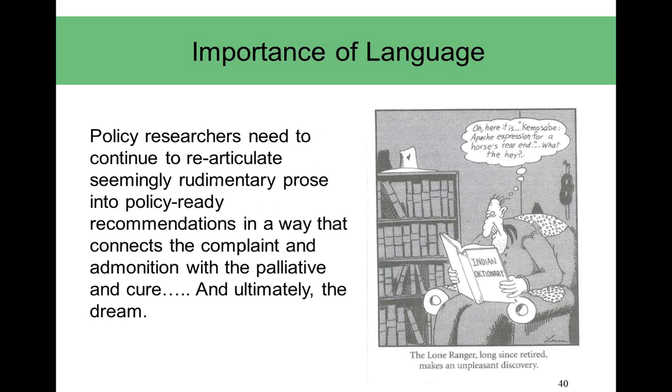So they need to continue to re-articulate the seemingly rudimentary prose into policy-ready recommendations, in a way that connects the complaint and the admonition with the policy, the palliative and cure, and ultimately the dream. And the dream, of course, is that your idea for advocacy or activism becomes mainstream and understood by everybody.